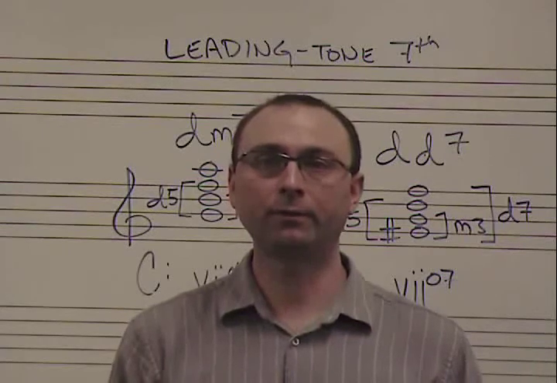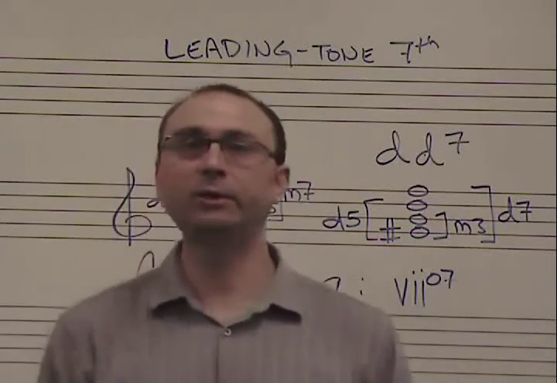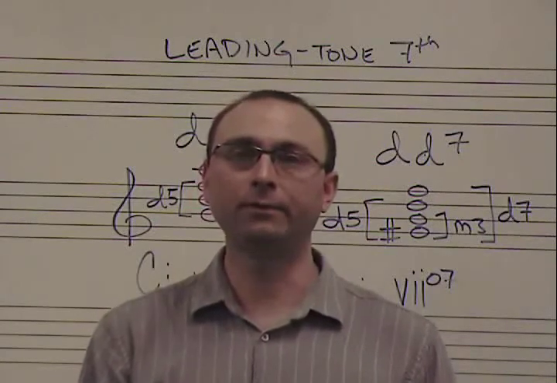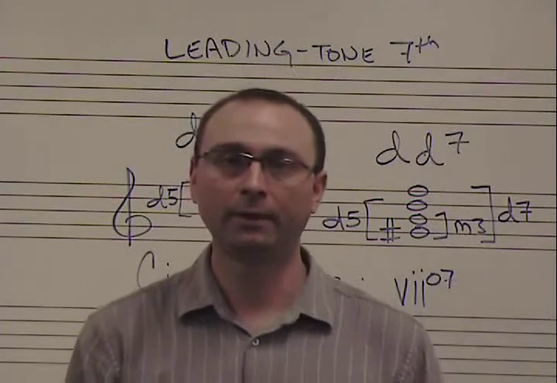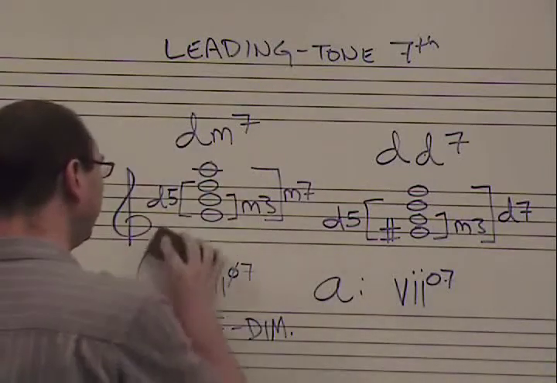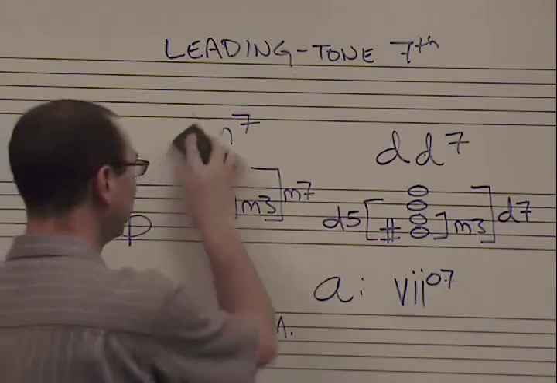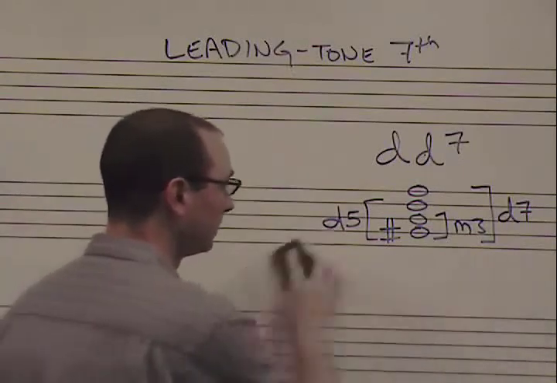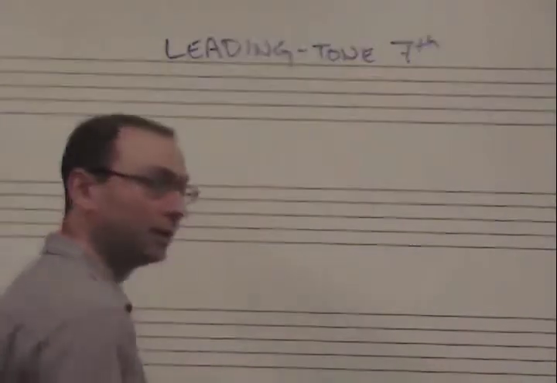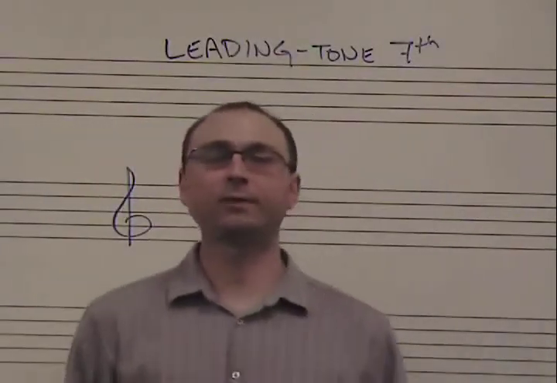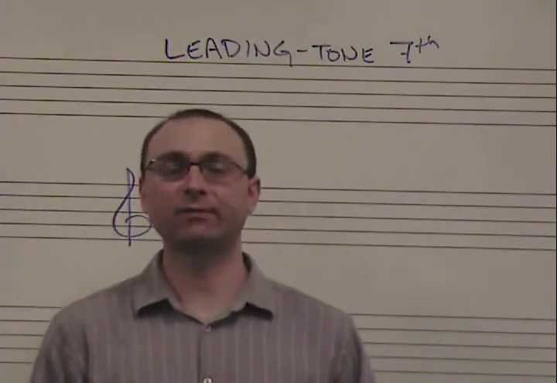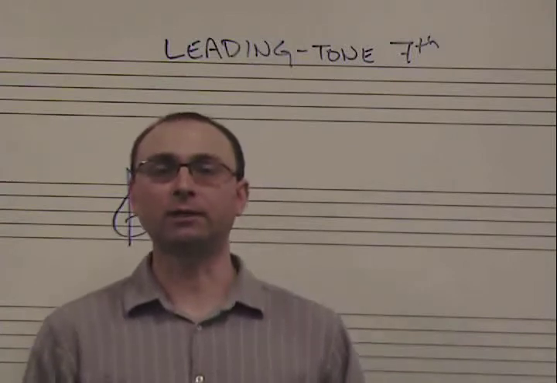Spelling these chords is relatively easy if you know your key signatures. If you need to have a circle of fifths out to do this, it may be useful. Most of the spelling examples that you'll encounter will be actual leading tone diminished 7th chords in actual keys.